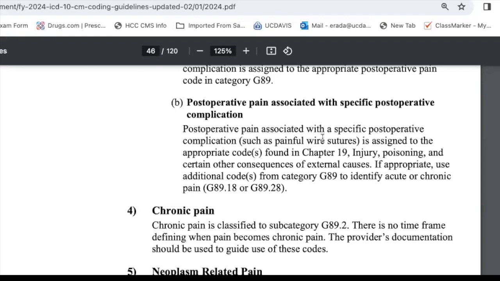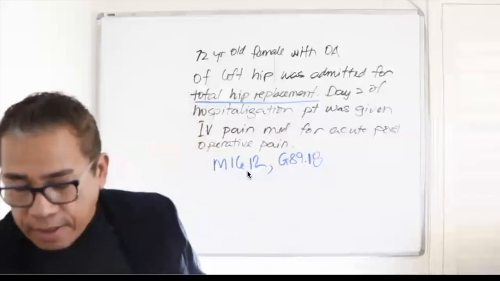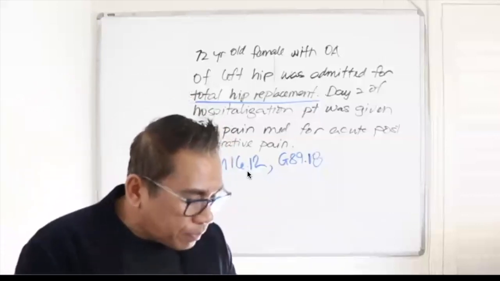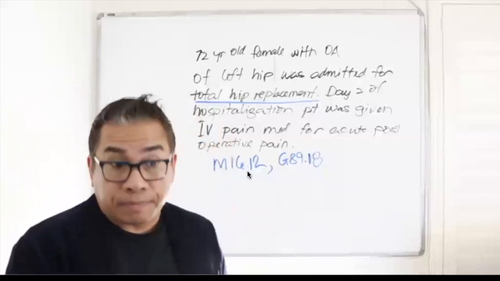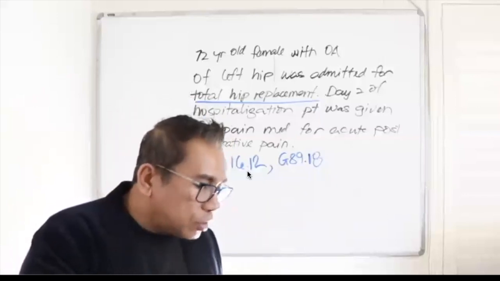So how do you look for a code for pain due to a device? I will show you guys how to do it. Everybody, please grab your book, and let's go to the term pain.